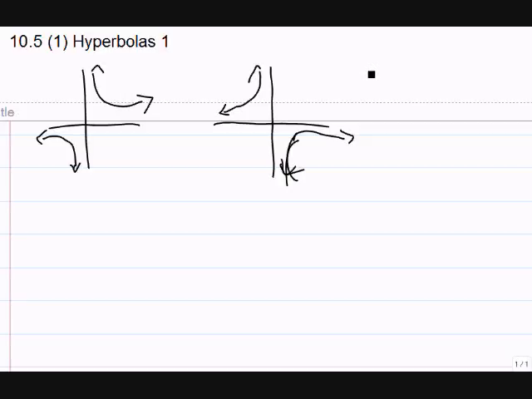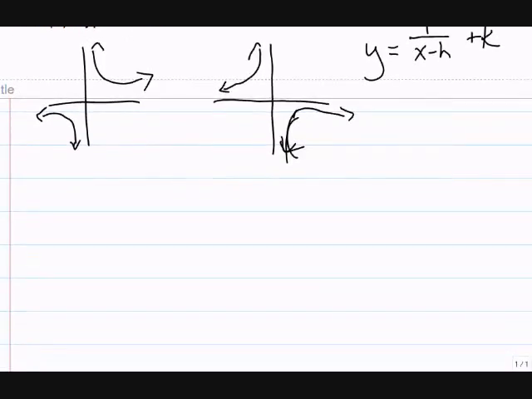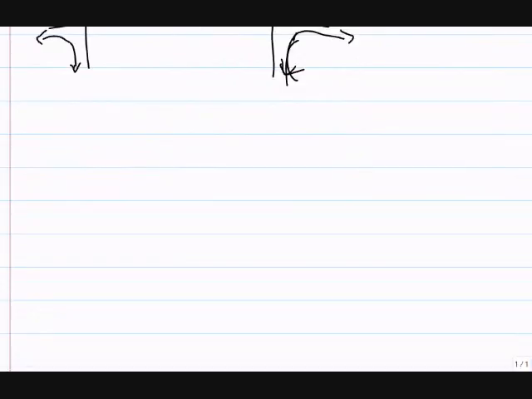Those are of the form y equals 1 over x minus h plus k. And we're going to do ones of the conic section form today. And they look like, I'm going to center them at 0, 0 again, just to make these pretty understandable.